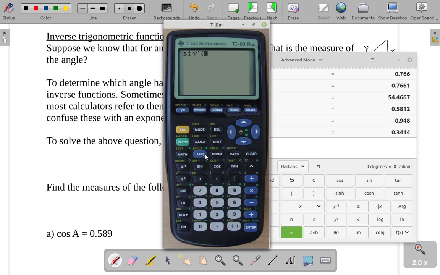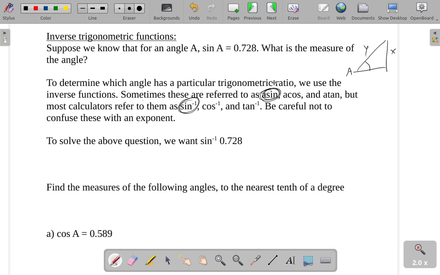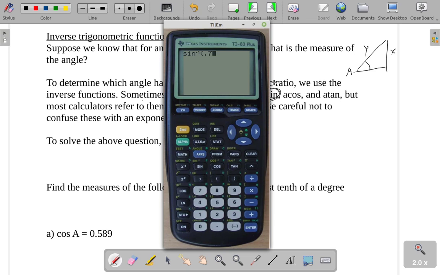I'd go inverse sine of, what was I doing, 0.728. Inverse sine of 0.728 is 0.81. Actually, I should make sure this is in the correct mode. One thing when you start doing sines and cosines on your calculator: if your numbers aren't coming out the same as what mine were, you want to check to make sure your calculator's in the correct mode.